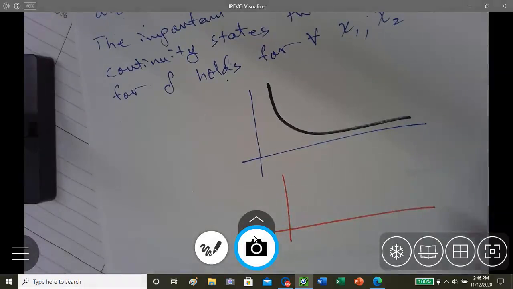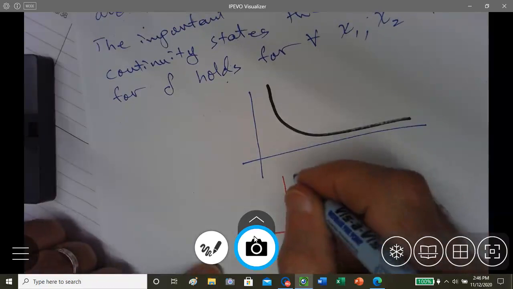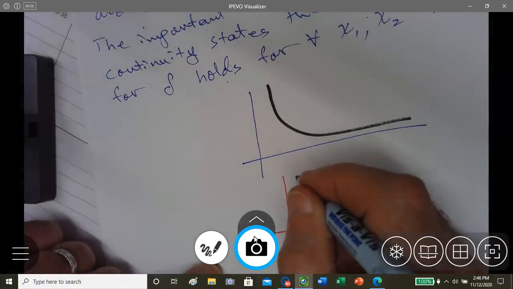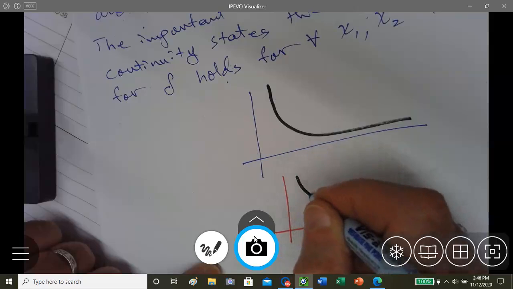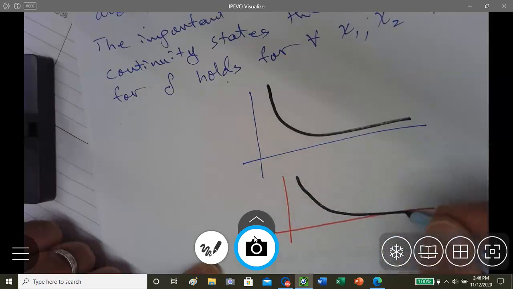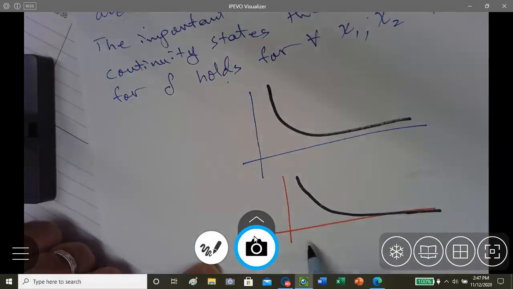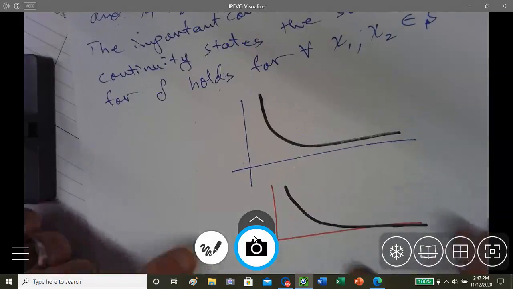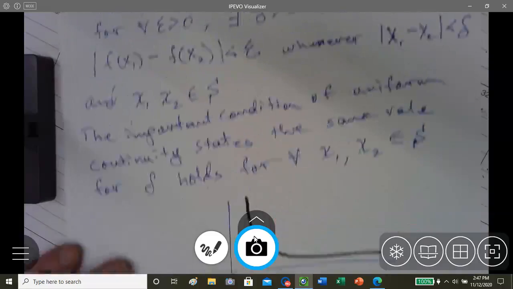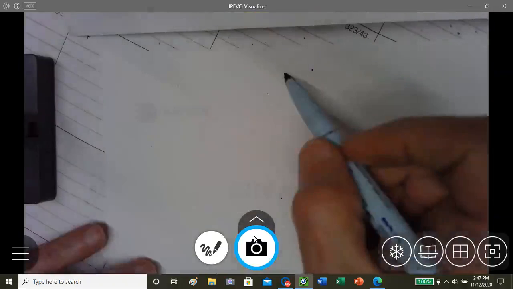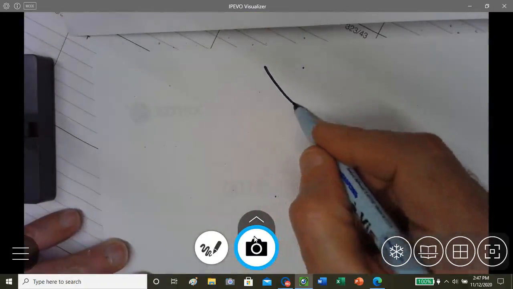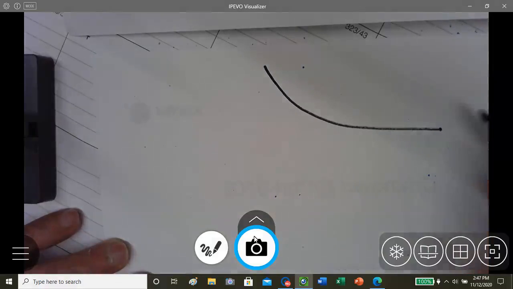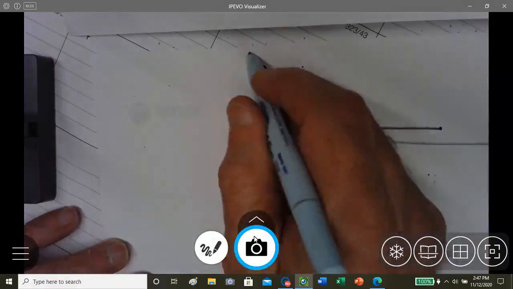It didn't come out quite the way I wanted it to. All right, let's try this again. This time I'll draw the curve first. That's better.